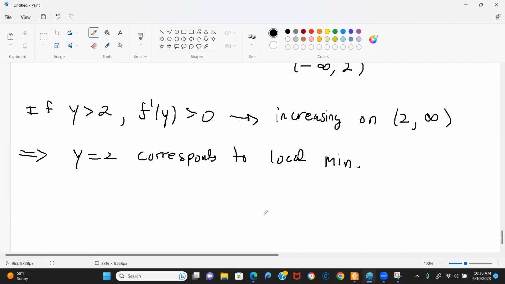But because this is the only critical point, and once you go past 2 the function never goes back down, it's always increasing, this actually has to be the global or absolute minimum.